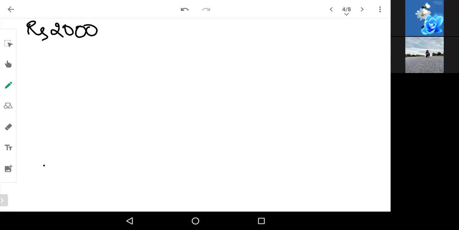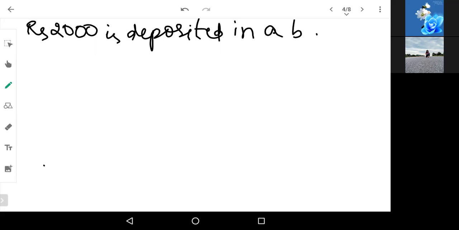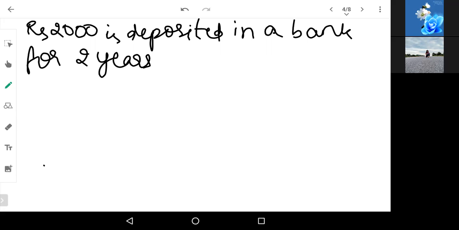2,000 rupees is deposited in a bank for 2 years at simple interest.